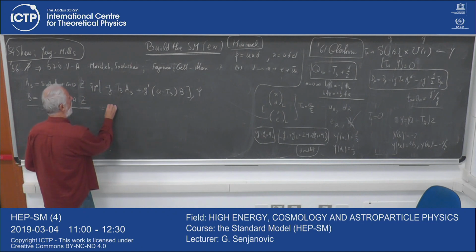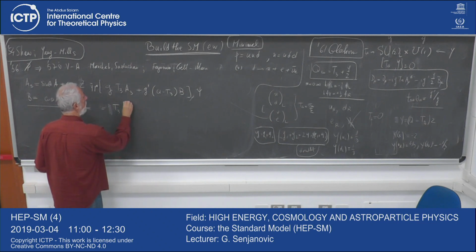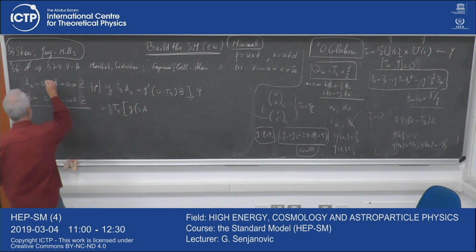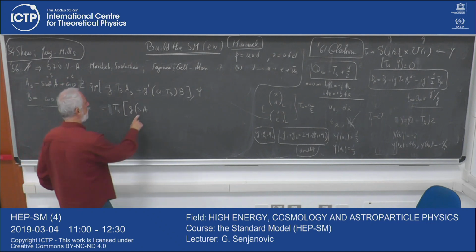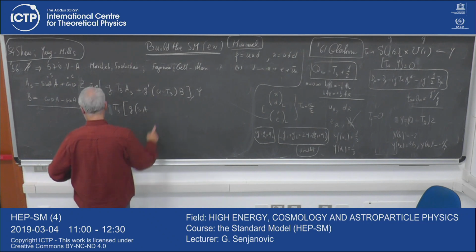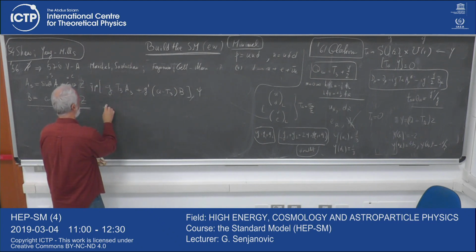So what do I have? I have T3. Let's take T3 separately. I have g A3. A3 is sine A. I will write S for sine and C for cosine for simplicity. So I have S A T3. No, I don't have that right. It's a pity to make a mistake.